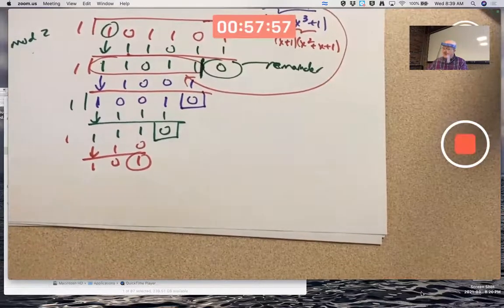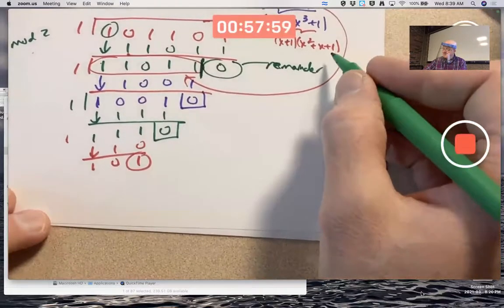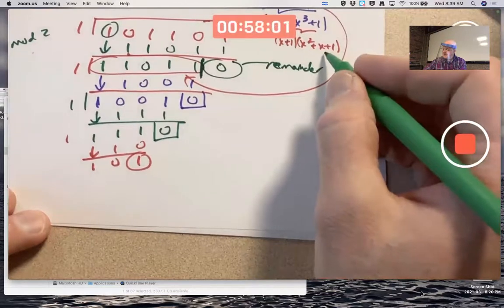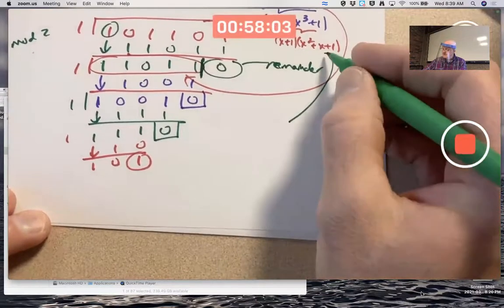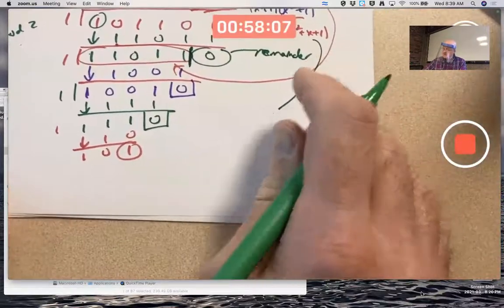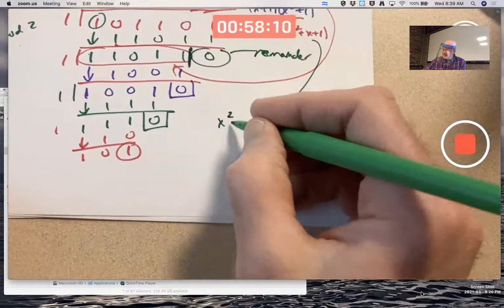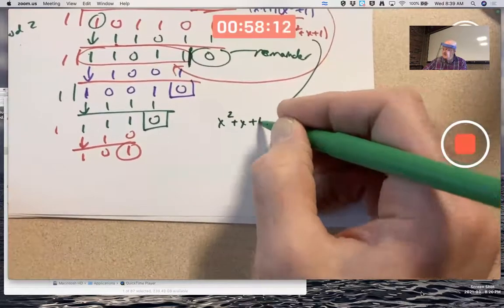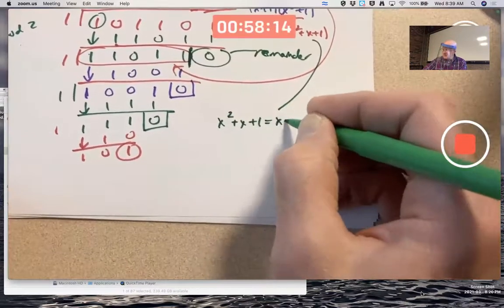But based on what I've gotten here, I can factor this. Well, I got a non-zero remainder. x squared plus x plus 1 divided by x plus 1 has a non-zero remainder.